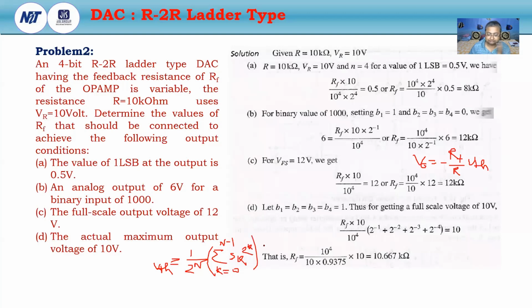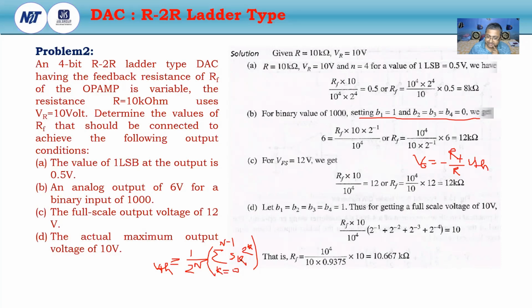Now put the value here. Please don't care about this. What is the value? S3 is 1, S2 is 0, S1 is 0, S0 is 0. So we will get only k is equal to 3.